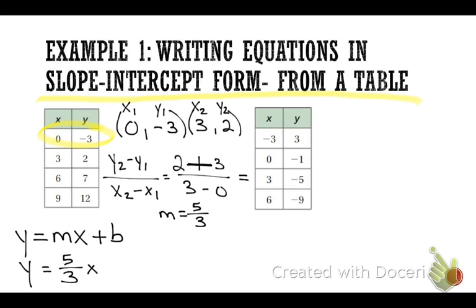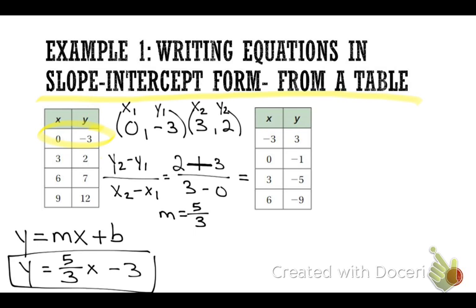So that's where it intersects the y-axis. So the ordered pair that has x as a 0, the other value, that y value, is your b value. That value is your y-intercept. It doesn't go either way on x, and it goes directly down to a -3, and you plot your point there. That's where it crosses the y-axis.